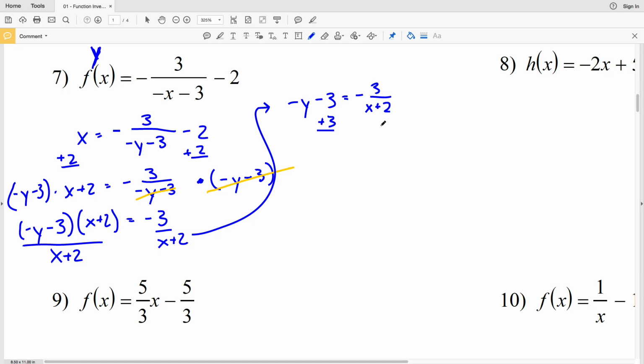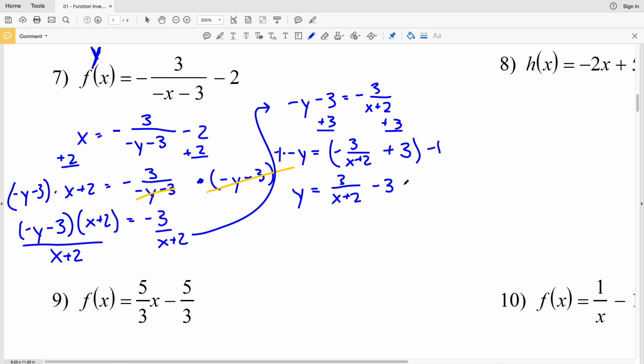Now I'll add 3 to both sides to get that negative y equals negative 3 over x plus 2 plus 3. And I don't want this y to be negative, so I'll multiply by negative 1 on both sides to get that positive y equals positive 3 over x plus 2 minus 3.